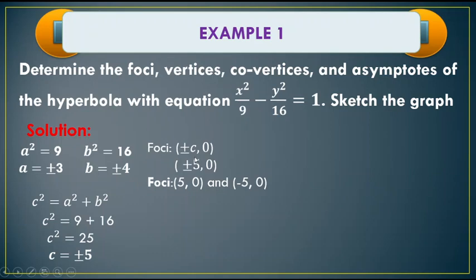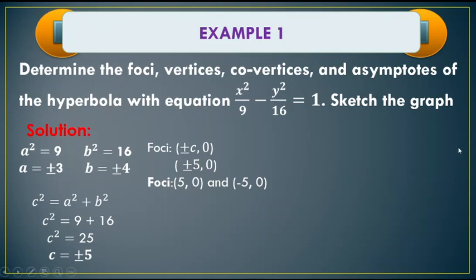Since example number 1, ang orientation ng ating hyperbola is horizontal, ibig sabihin, si c ang i-add, isusubtract natin kay h. Kaya, magkakaroon tayo ng foci, and that is 5, 0, and negative 5, 0. So, kaya foci yan, that is plural. So, dalawang points ang makukuha natin sa focus, kaya foci yan. Okay?